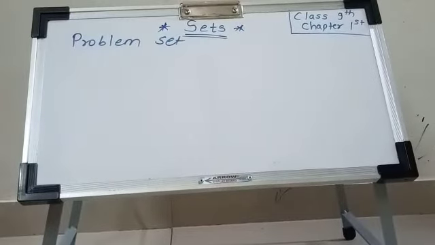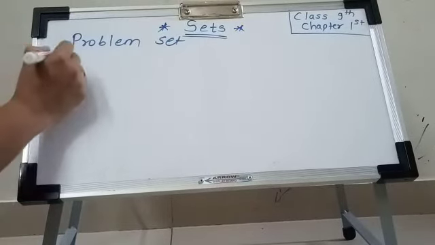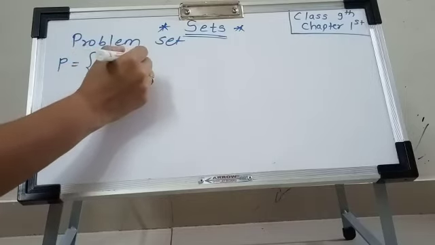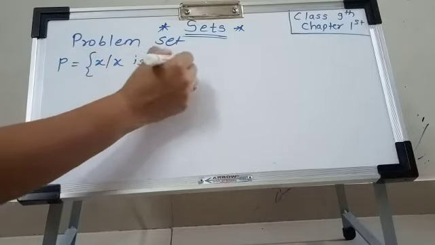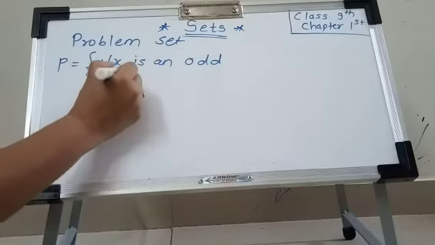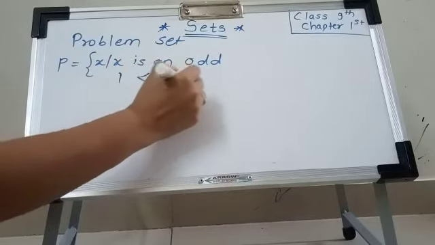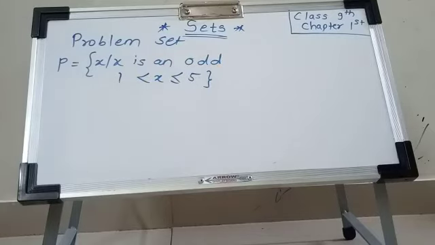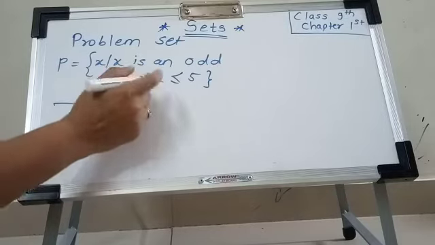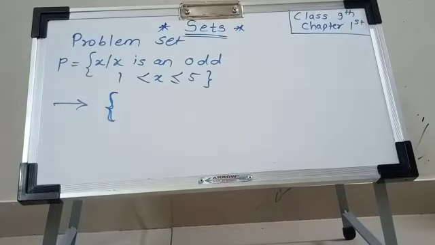Now we see the second example. P is a set of elements x, where x is an odd number, 1 less than x less than or equal to 5. Greater than 1 means we cannot write 1 here.